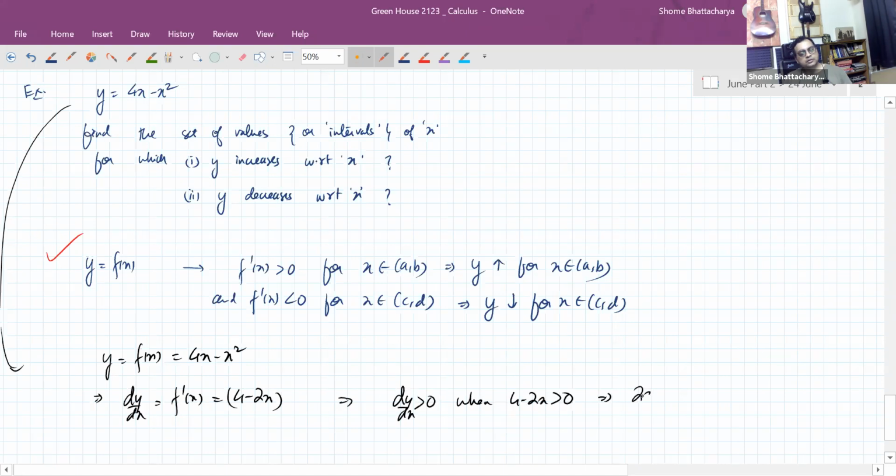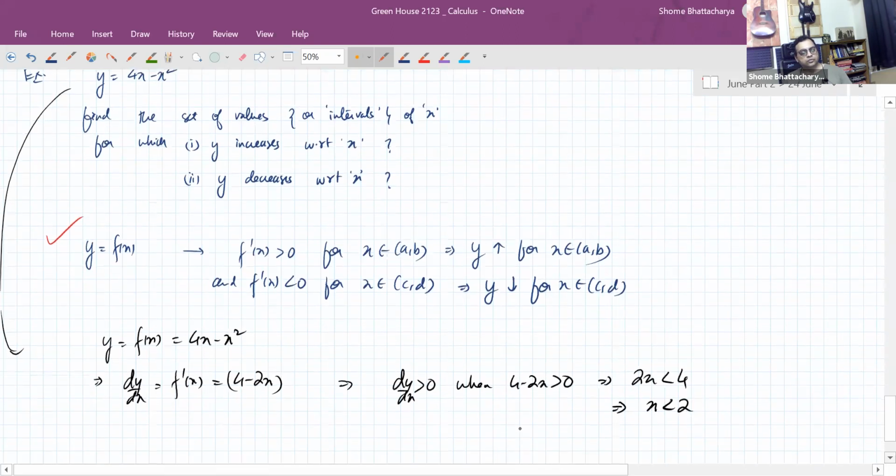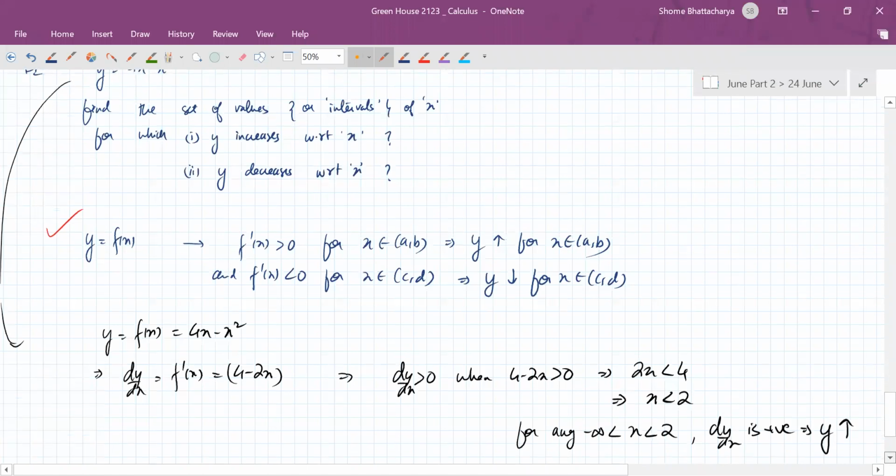That means 2x is less than 4, or x is less than 2. So we can say that for any value of x between minus infinity and 2, dy by dx is positive. So that means y is increasing with respect to x.